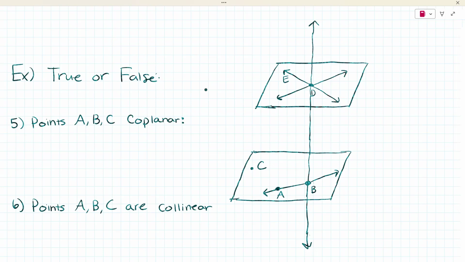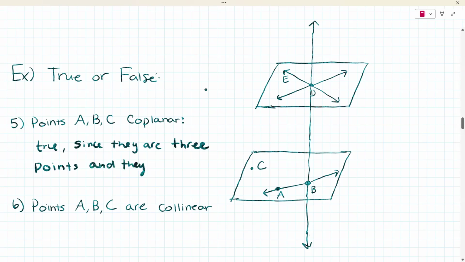So on number 5, this part would be true since there's 3 points. And in order for it to be coplanar, they have to be non-collinear, right? They're not in the same line, so they are not collinear. Okay, so that would be definitely true.